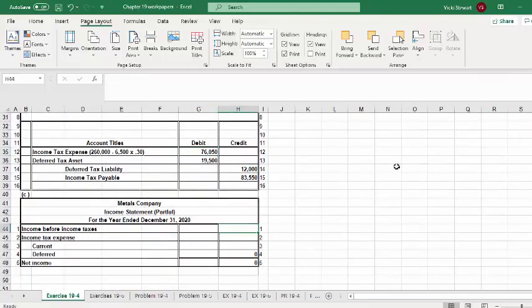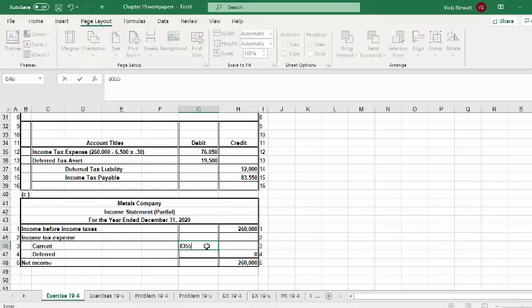So the income before income taxes was the $260,000. The current income tax expense, which is on the tax return, is $83,550. Our deferred portion is the net amount of the deferred tax asset of $19,500 and the deferred tax liability of $12,000, or a net deferred amount of $7,500, a deferred tax asset.